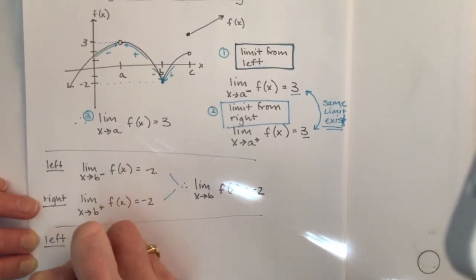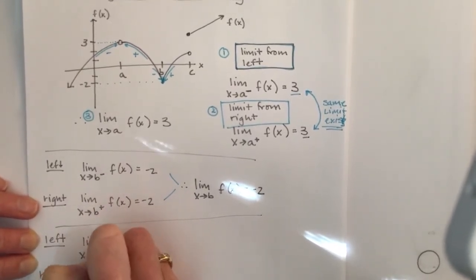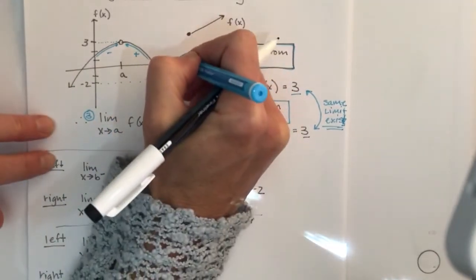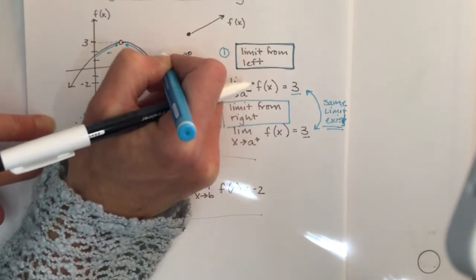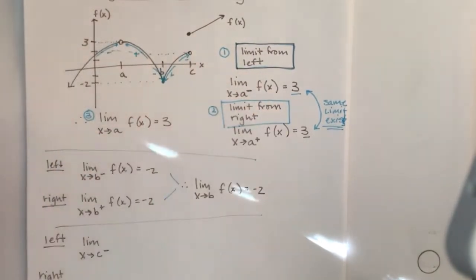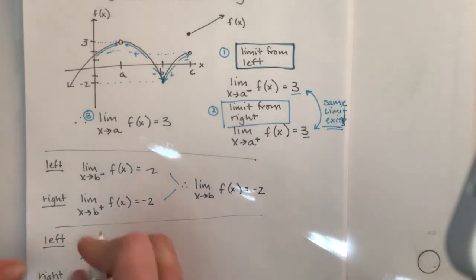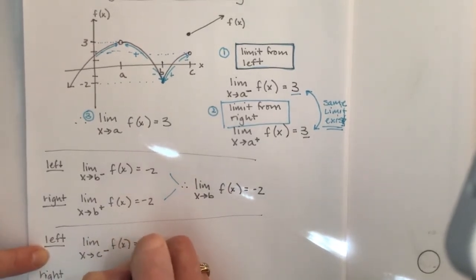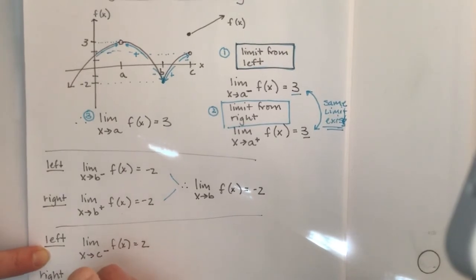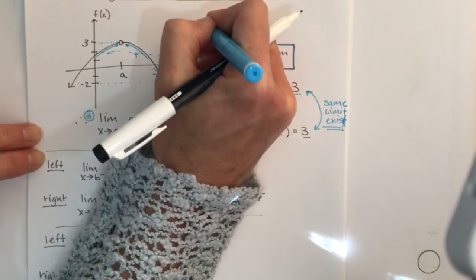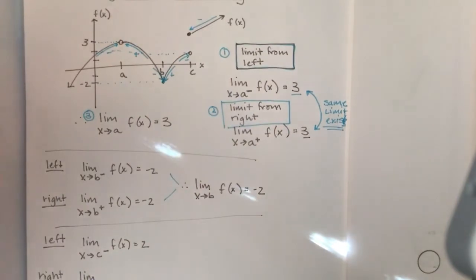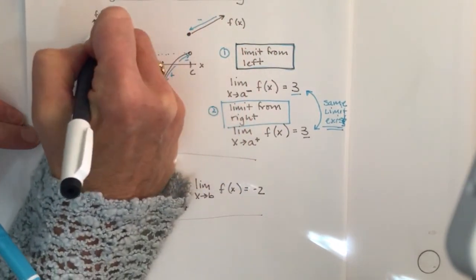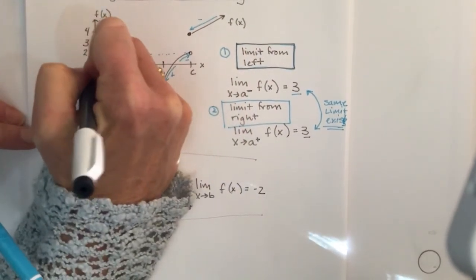The limit as x approaches C from the left looks like we're approaching +2, and the limit as x approaches C from the right, now we've got this disconnect, where that looks like maybe +4.